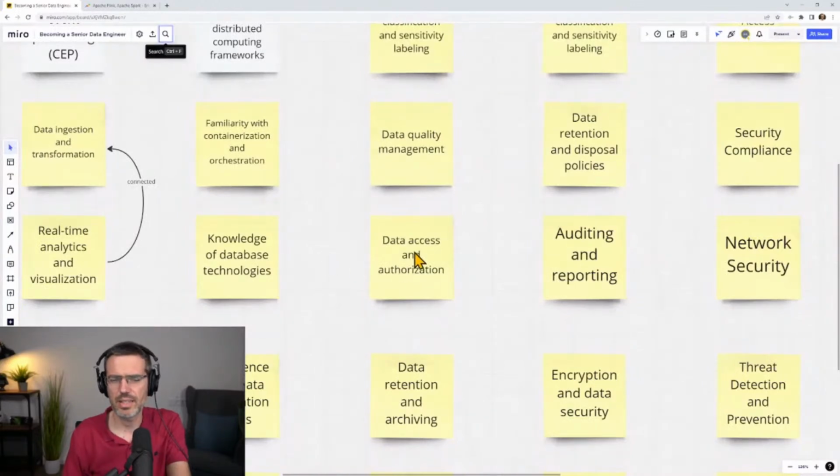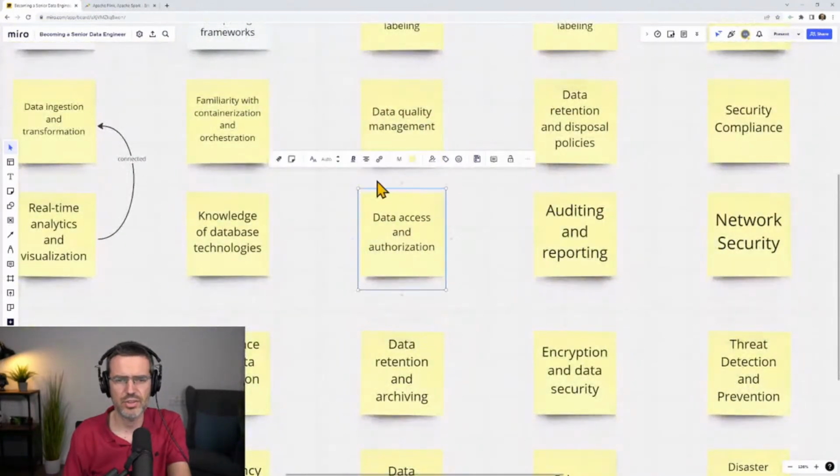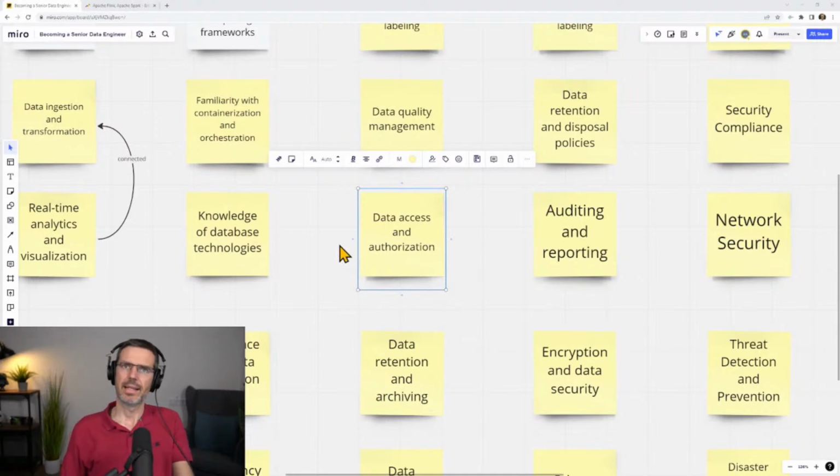Data access and authorization. Now we're back at governance. Data access and authorization is something super important. You always get back to this. Senior data engineers should be proficient in designing and implementing data access and authorization solutions to ensure data is only accessed by authorized users and applications. Very important.